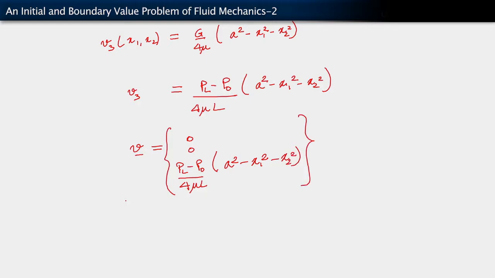So what we see here is that v has a parabolic profile across the inlet, across the channel. It has that sort of profile. It's parabolic along the e3 direction.